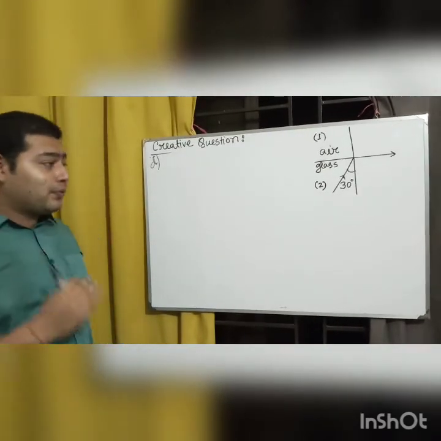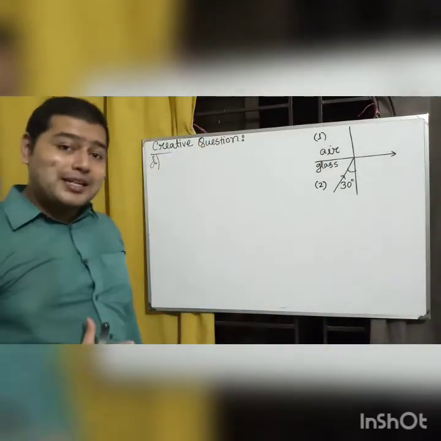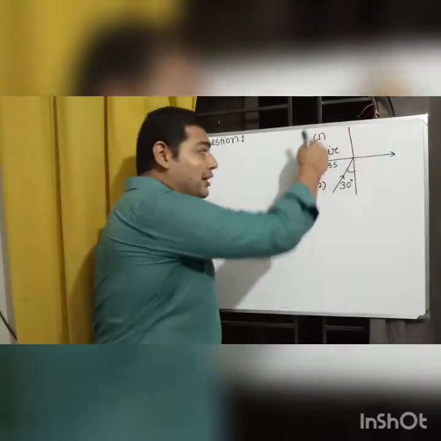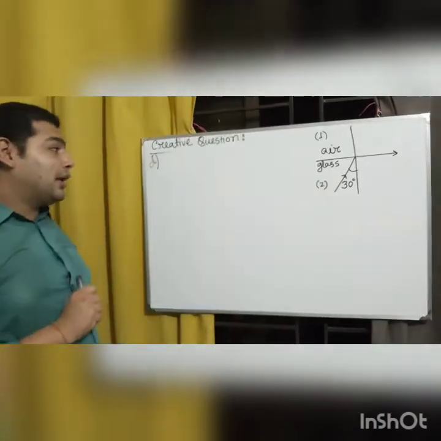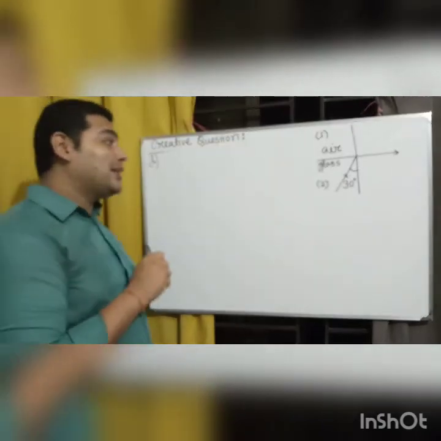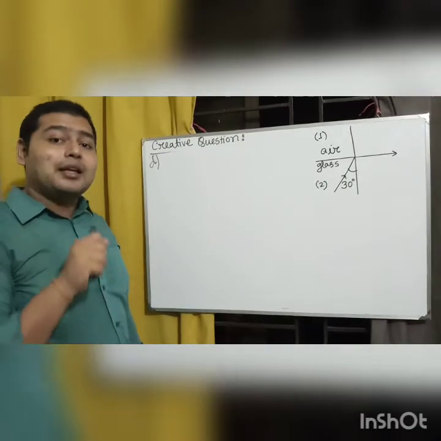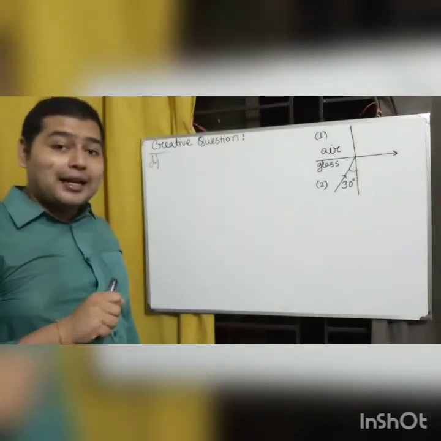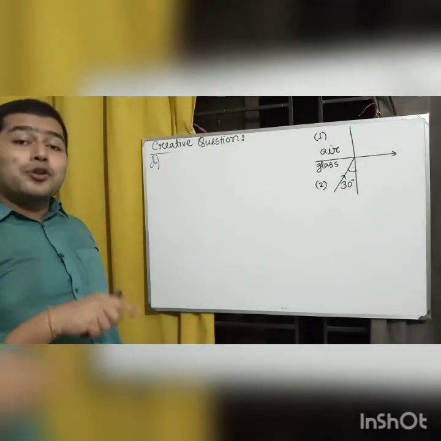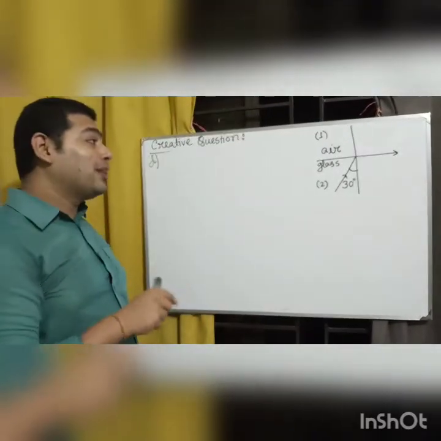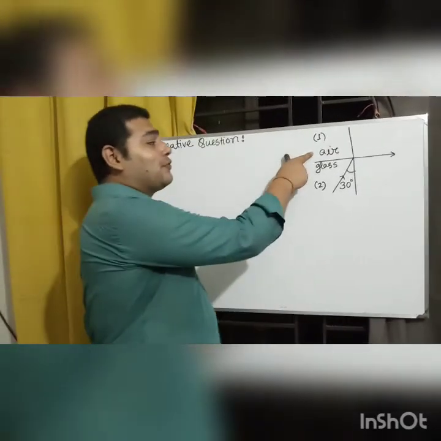First part is we need to determine the critical angle for our given stem. Then the second part, we need to determine the critical angle according to our question number D, where we will use another liquid instead of air.